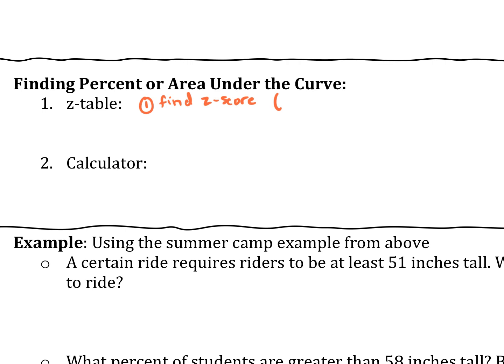It's very important, your negative or positive is really important. And then look on the table for the column and the row. We're going to look at an example of that here in just a second.